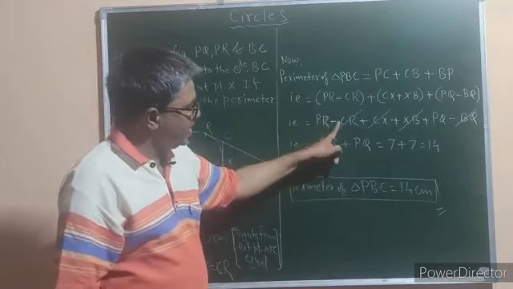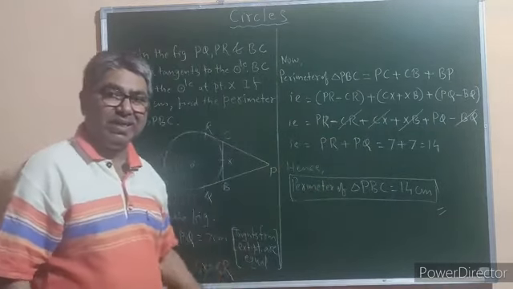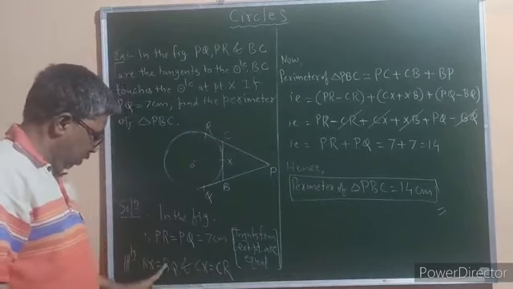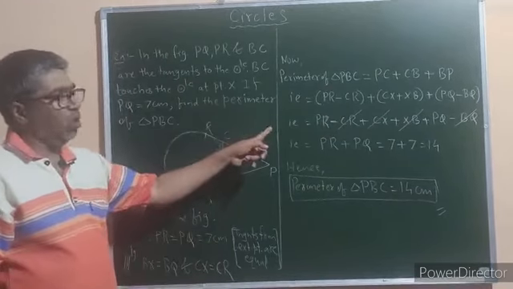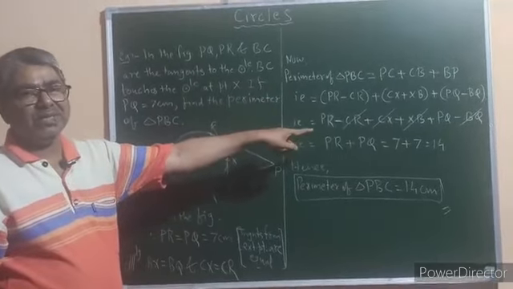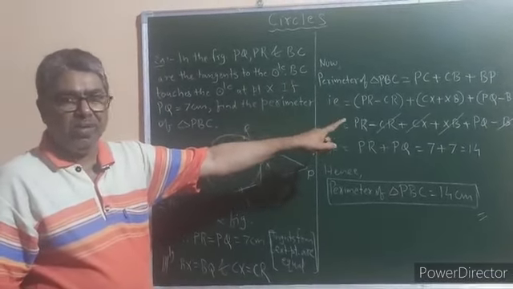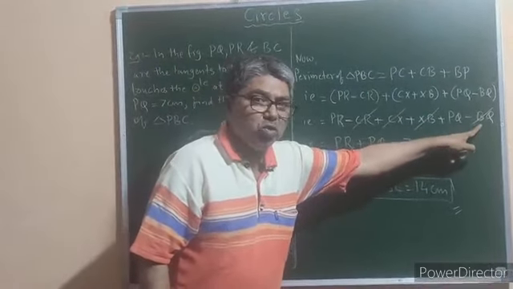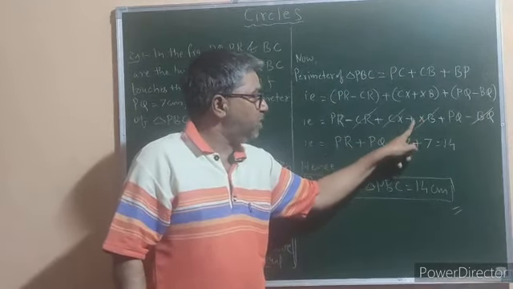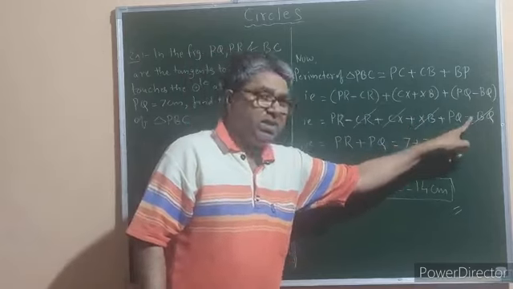Now minus CR and plus CX will cancel. Why do they cancel? Because CX and CR are equal in length, and one has a minus sign, one has a plus sign, so obviously they will cancel. In the same way, XB and BQ will also cancel, because XB is plus and BQ is minus.